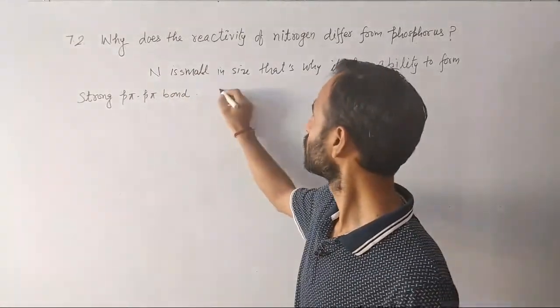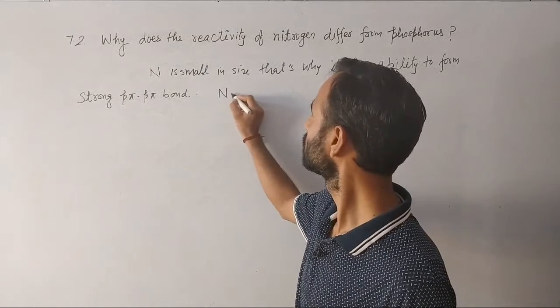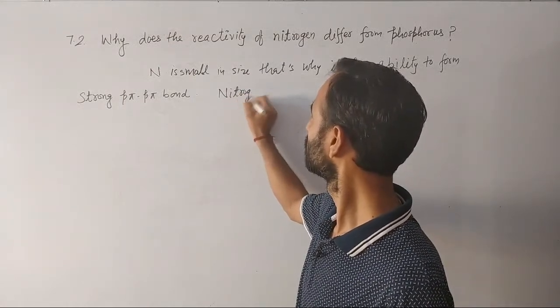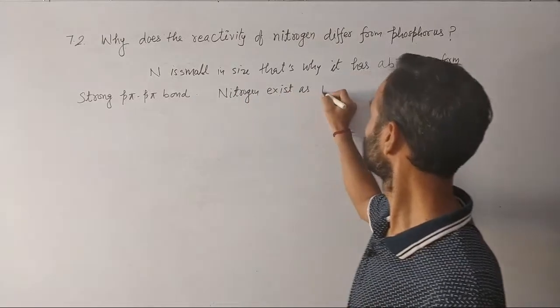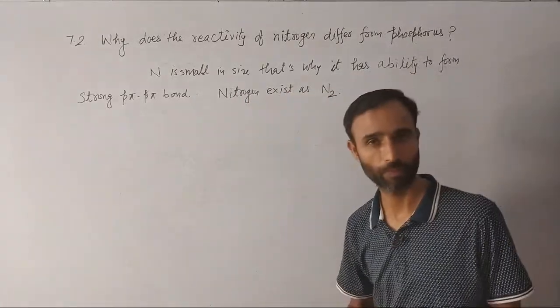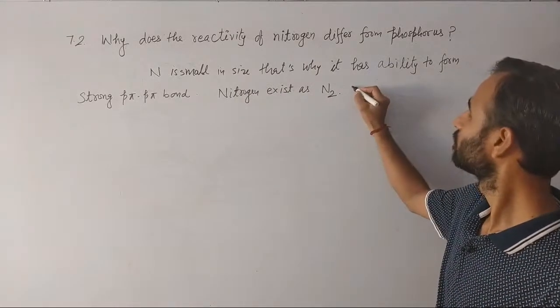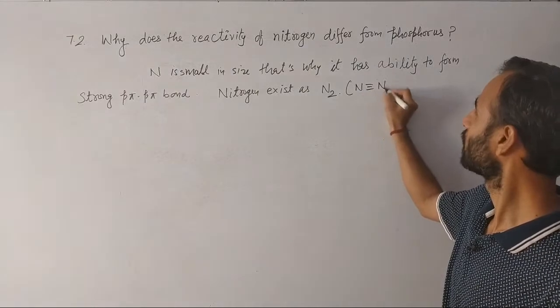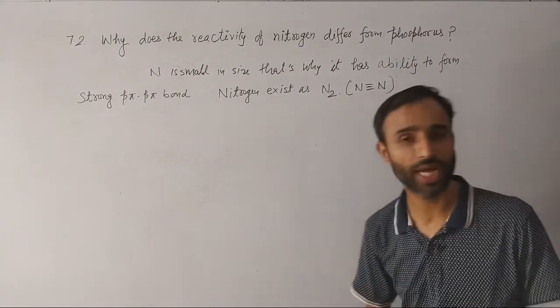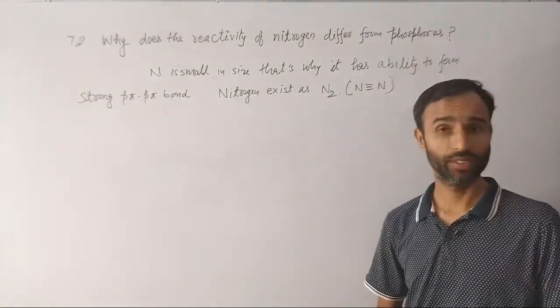So nitrogen exists as N2, and it is N triple bond N. N2 exists as N triple bond N.